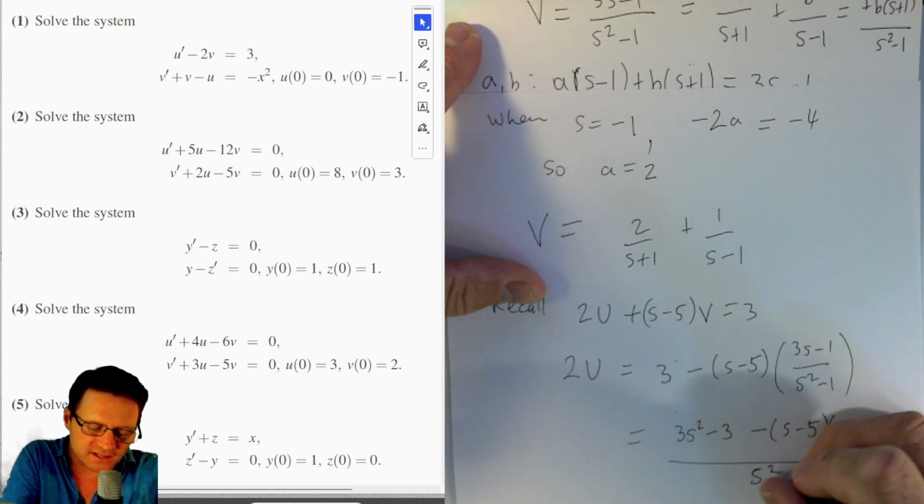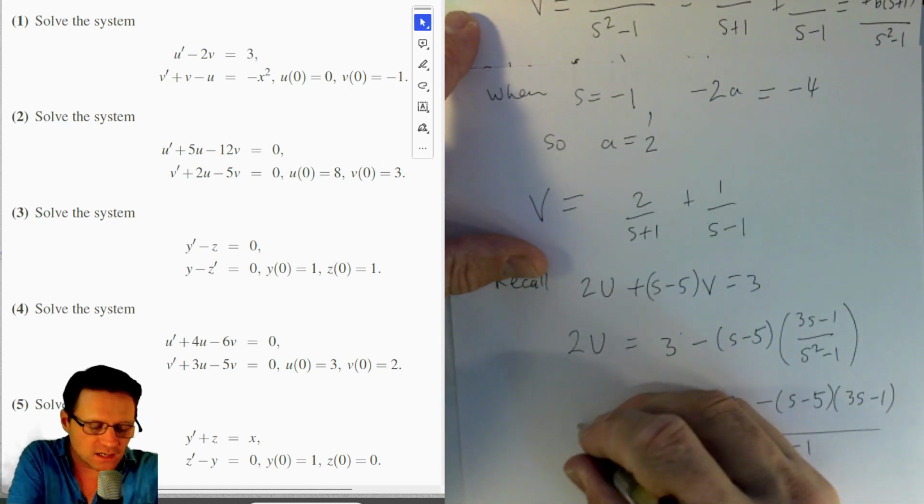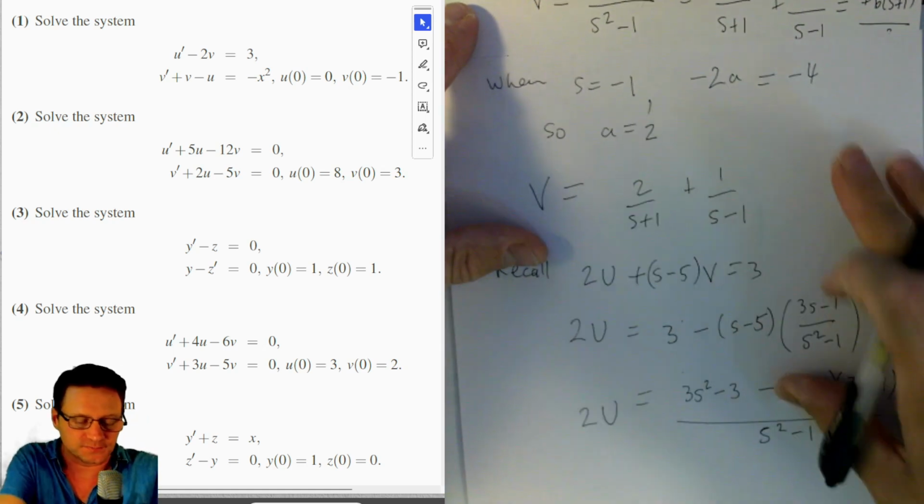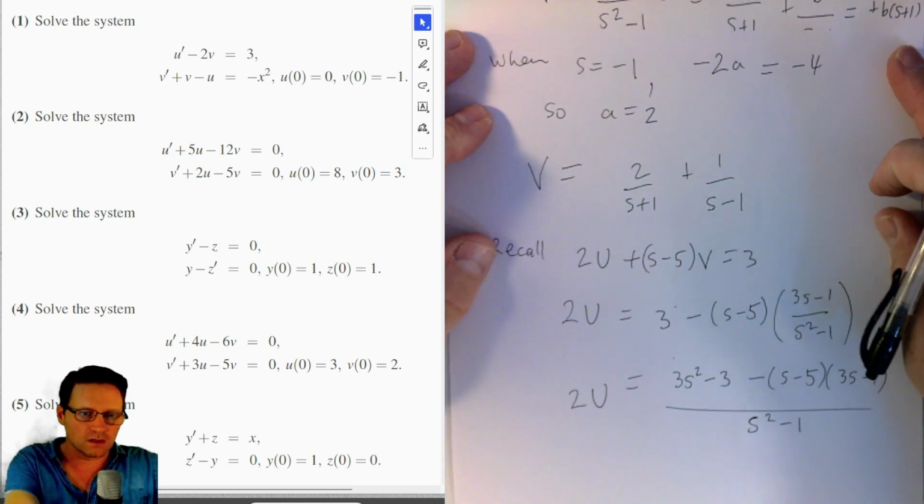And then that's all over s squared minus 1. And this, remember, is 2u. Okay, again, remember that we want to put this right-hand side in a way that looks like it's easy to take the inverse Laplace transform of. All right, so you got to do a little bit of work to do that.